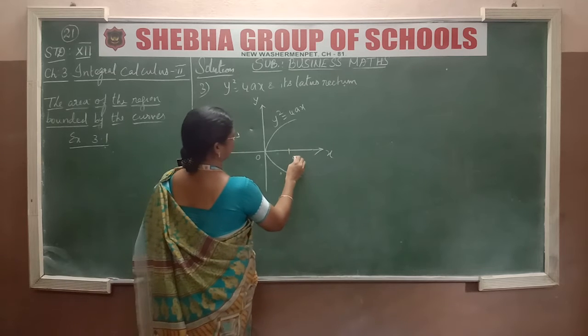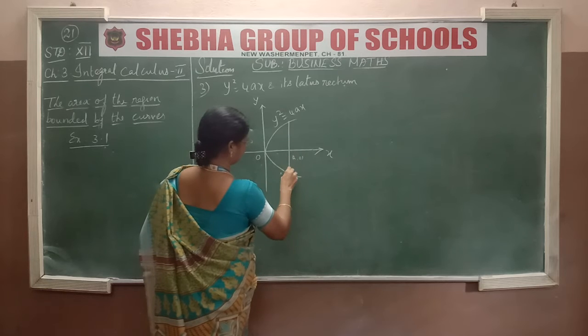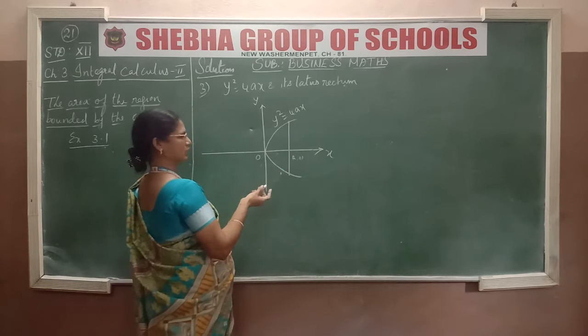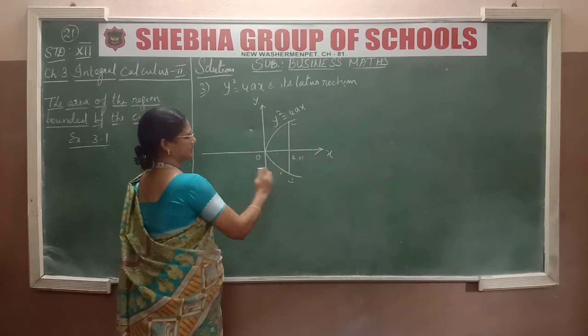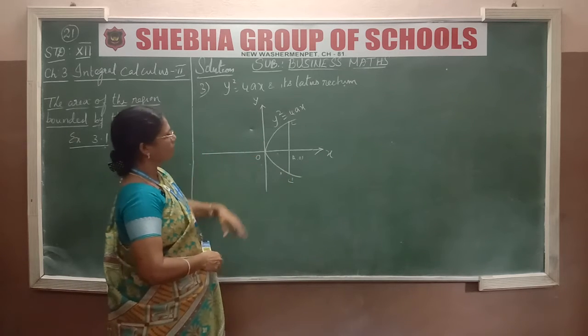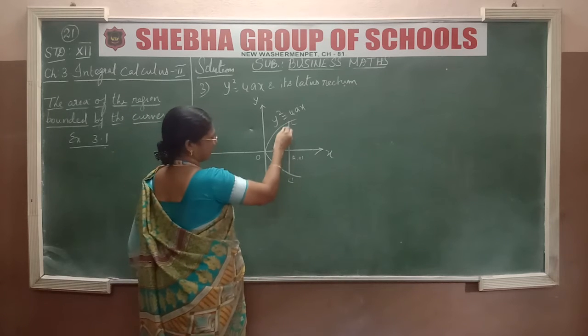Here a, this is our focus. The line passing through the focus perpendicular to the x-axis is the latus rectum, and we denote that as L dash. This is our latus rectum. Okay. The area bounded by the latus rectum and parabola is this.